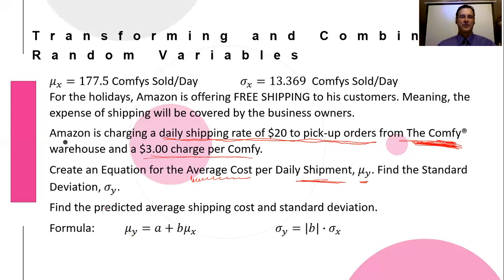Mu sub y is the average shipping cost per day, and again, the Comfy organization is going to have to pay for that. And mu sub x, we've already defined from the previous slide, that is the average sales per day.